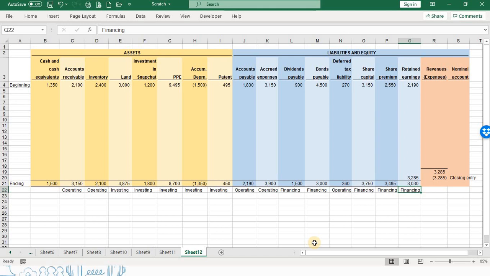So let's start with investing activity. The first non-current asset is land. The land has a beginning balance of 3,000 pesos and an ending balance of 4,875. Let's check whether there is a transaction affecting the land account.